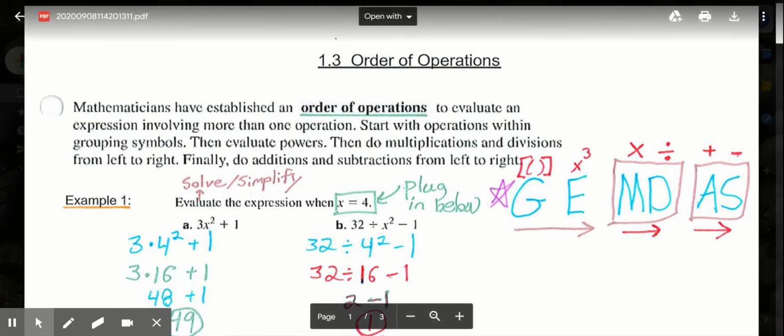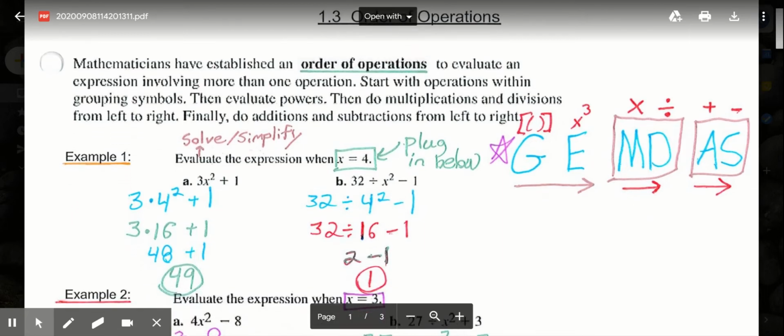Then multiplication and division, the reason I have it boxed in, is those can get done in the same step from left to right. So if we only have multiplication and division, we can do them in the same step. We just work left to right. Same with addition and subtraction. Addition and subtraction can be done in the same step as long as we go left to right. So we're going to look at some examples and just practice and get some refreshers on the order of operations.